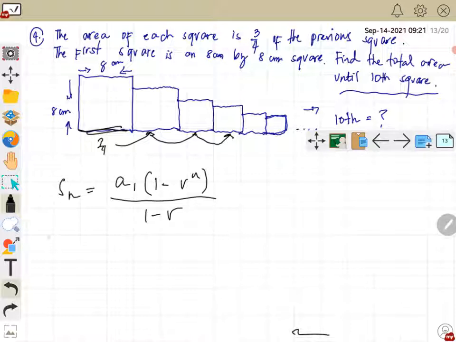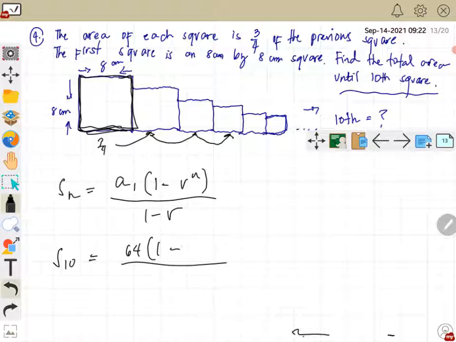We are looking for the sum, adding all these 10 squares, so we have s sub 10. Here our a sub 1 is actually the area of the first square. An 8 by 8 square has an area of 64 because 8 times 8 is 64. So our a sub 1 is 64.